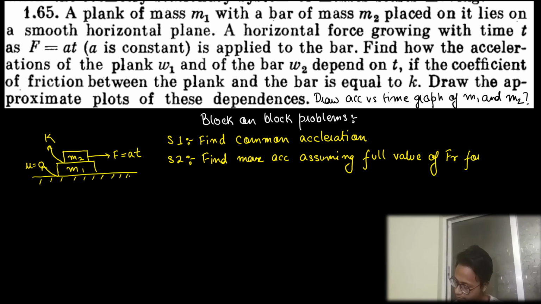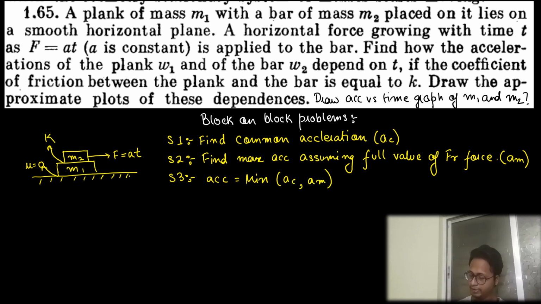And the actual acceleration is the minimum value of common acceleration and maximum acceleration. So out here common acceleration will be given as ac, maximum acceleration will be given as am. Actual acceleration is equal to the minimum of common acceleration or maximum acceleration. So this is the process by which you have to solve the problem.